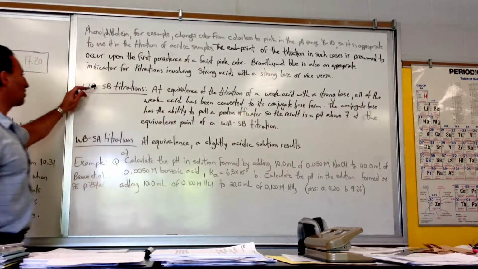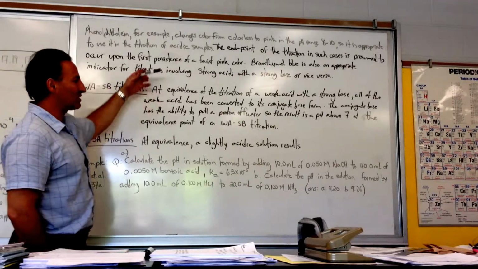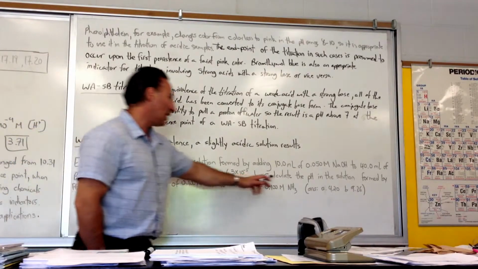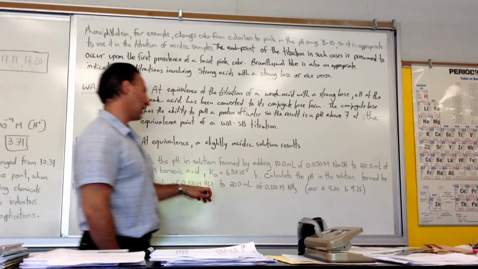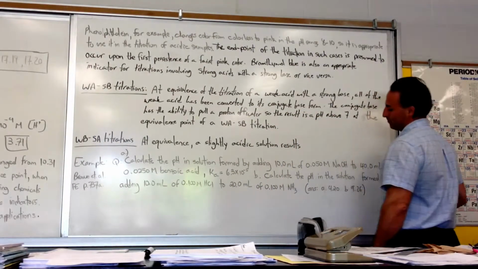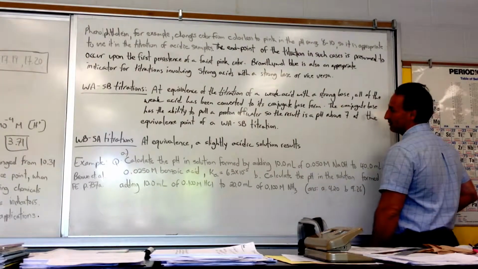So this is a weak acid, strong base titration, and we expect the pH to be slightly above 7 at the end. In B, calculate the pH of the solution formed by adding 10 mLs of strong acid, hydrochloric acid, to 20 mLs of 0.1 molar ammonia, which is a weak base, so it'll be slightly acidic after equivalence.